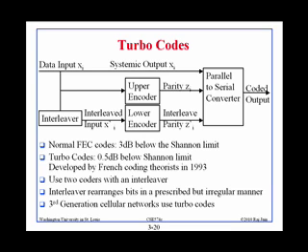Plus you take the same input and interleave. Interleave means you just change the bits around and then send it to another coder, and then whatever comes out is combined with that. So you send out a combination of all these 3 things, and then you have a very high bit rate. Then basically you can get very close to the Shannon limit.